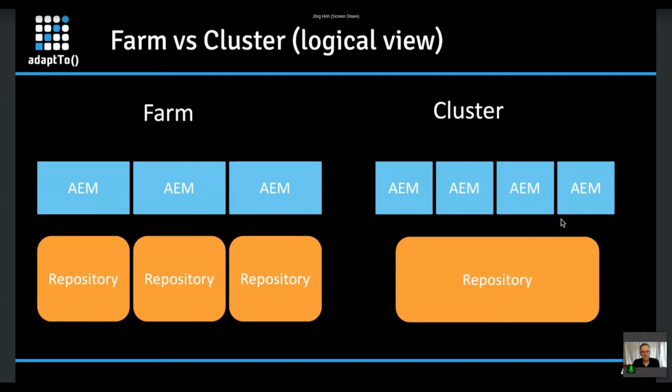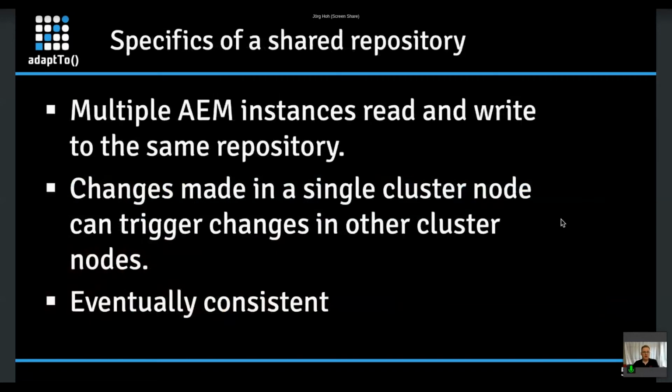And the part where the clustering approach differs from the farming approach is that now you have many AEM instances talking to a single repository. And they do not only read, but they also do write.